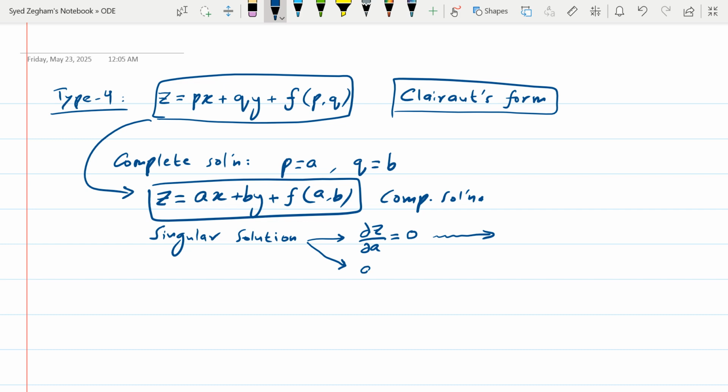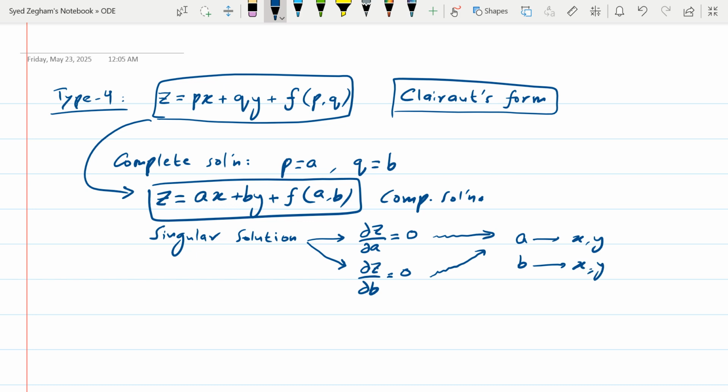And the other relation which we will use will be dou z by dou b is equal to 0, and again we will do some simplification. Using these two equations, we will try to write a and b in terms of some function of x and y.